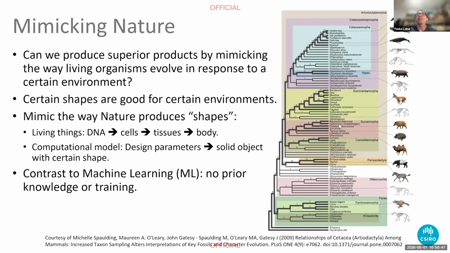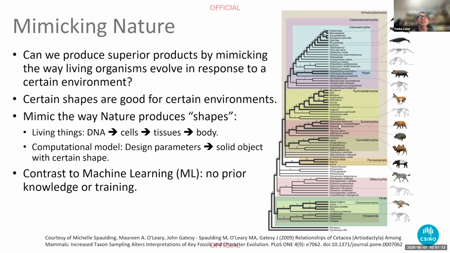So speaking of mimicking nature, on the right-hand side there, you can see part of the mammalian world, where you can see many shapes, including species that can swim, like dolphins and whales, and those that can survive in the desert without drinking, like camels, or fast runners, all sorts of things.